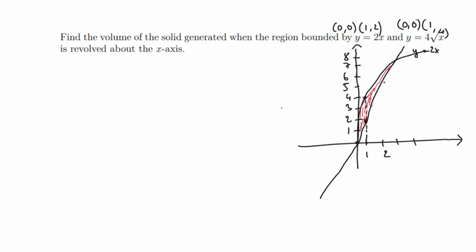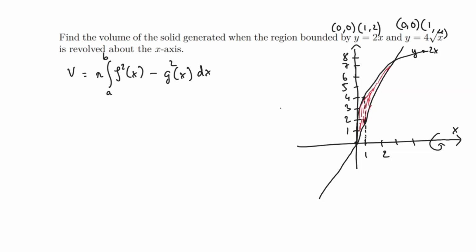So the question is, when this region is rotated around the x-axis, we have to find the volume of it. You know that the volume equals pi times the integral from a to b of f of x squared minus g of x squared dx. To find the volume, you need the interval.